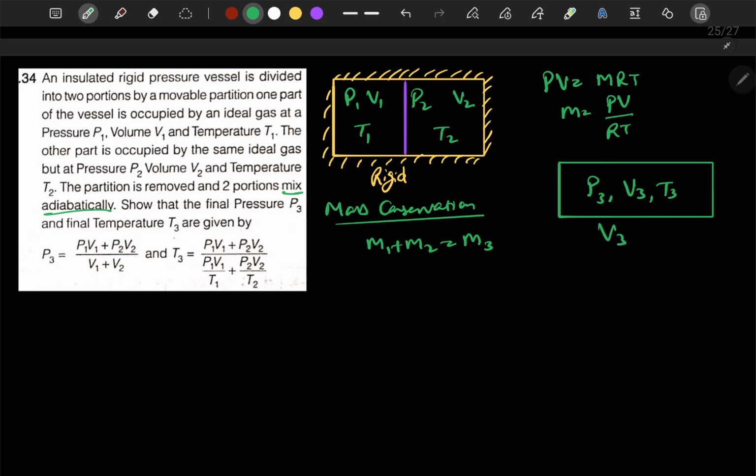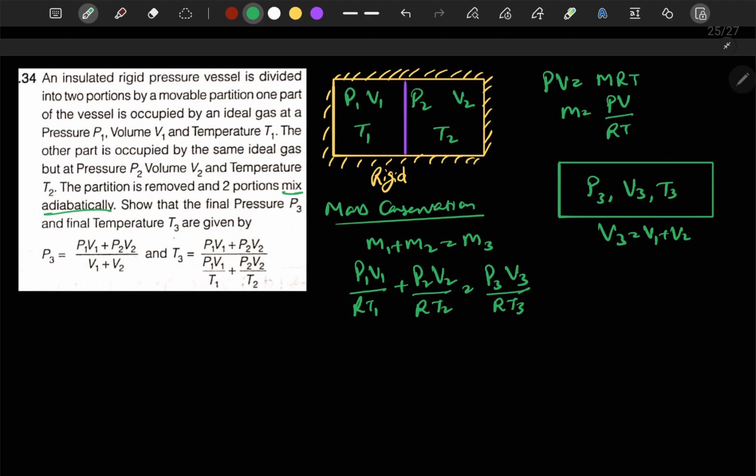So we will calculate the required values. V3 is equal to V1 plus V2 directly. Now moving to the mass term, P1V1 by RT1 plus P2V2 by RT2 is equal to P3V3 by RT3.